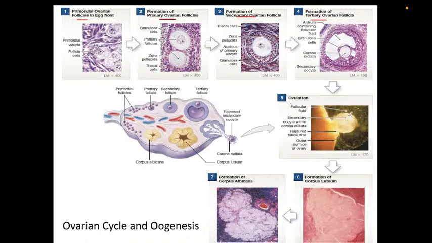You see the process of ovulation when oocytes come to the peritoneal cavity. But the place after the released secondary oocytes, this is the place that transforms into the corpus luteum.